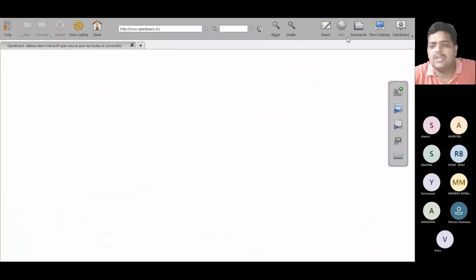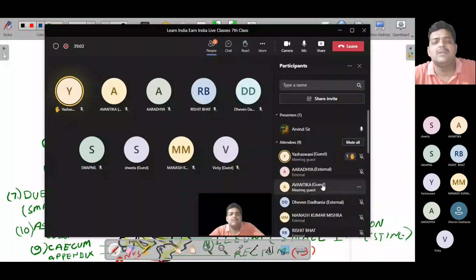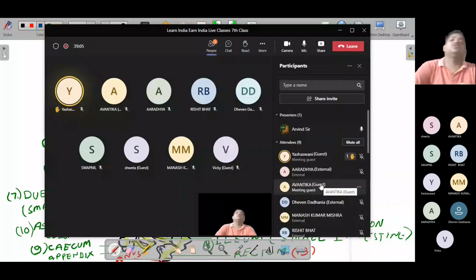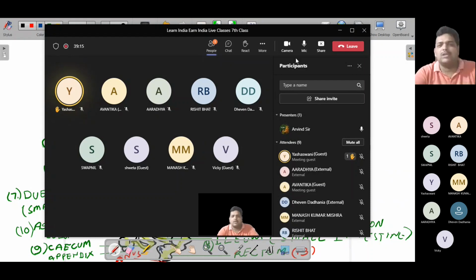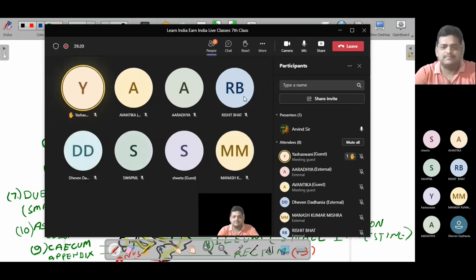You should be able to listen, and if you have any doubt, even if you are not able to use your mic, there is one solution. You can first raise your hand, and then I'll give you the opportunity. You can write your doubt and show it through your camera, or you can use the chat section. Then your doubts will be cleared. Okay, Deven?